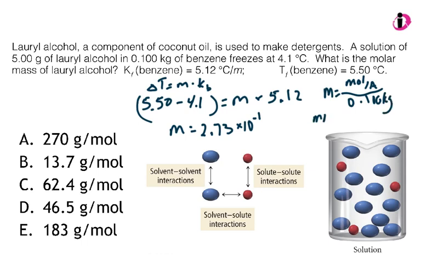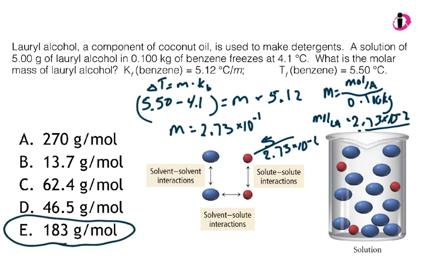So we can find our moles of lauryl alcohol is 2.73 times 10 to the minus 2. And then we know that 5 grams of that is this many moles. So if I take my 5 divided by 2.73 times 10 to the minus 2, I get an answer of 183 grams per mole.